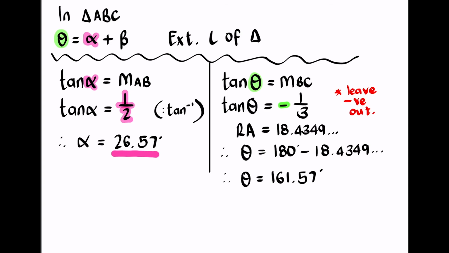Now you can see that I had a negative gradient, which means that I have an obtuse angle.